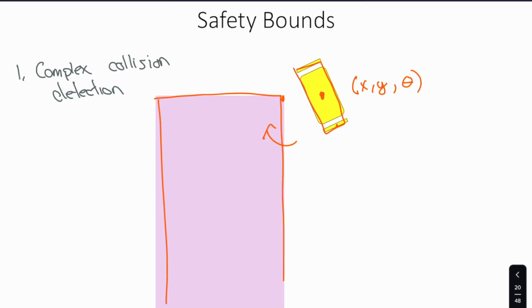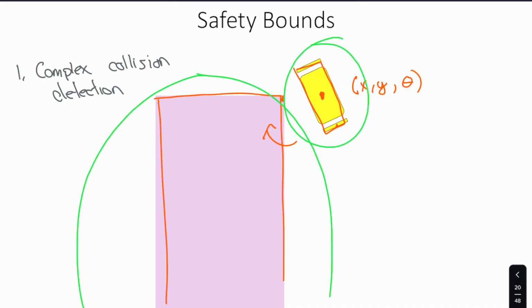If you took that class with Prof. Osborne, he may have said something about bounding spheres, where we would put a sphere around all of our obstacles, as tight of a sphere as possible, and do really simple collision detection among spheres.